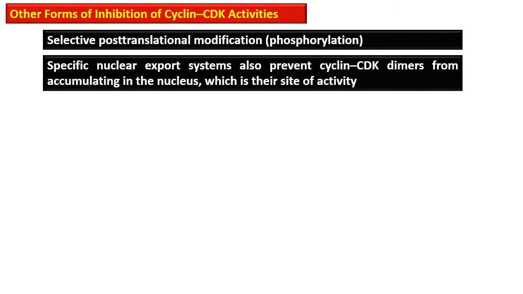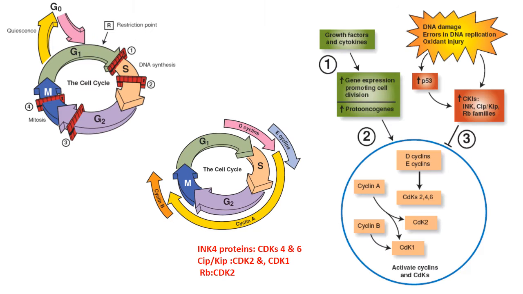Another mechanism is the presence of a specific nuclear export system that prevents the cyclin and cyclin-dependent kinase dimers from accumulating within the nucleus, which is their site of activity. So the proliferation of the cell is inhibited.